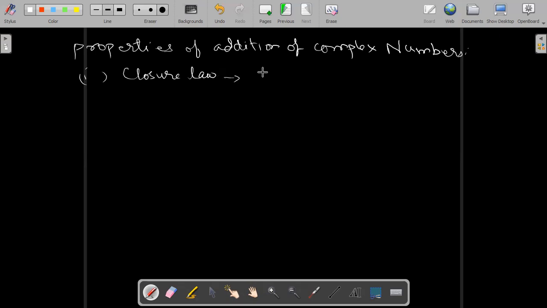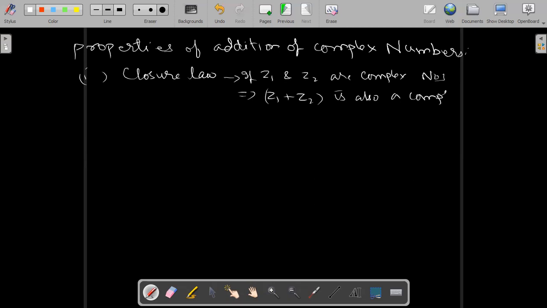This closure property says that if z1 and z2 are complex numbers, then their sum z1 plus z2 is also a complex number. Means the sum of two complex numbers is a complex number.